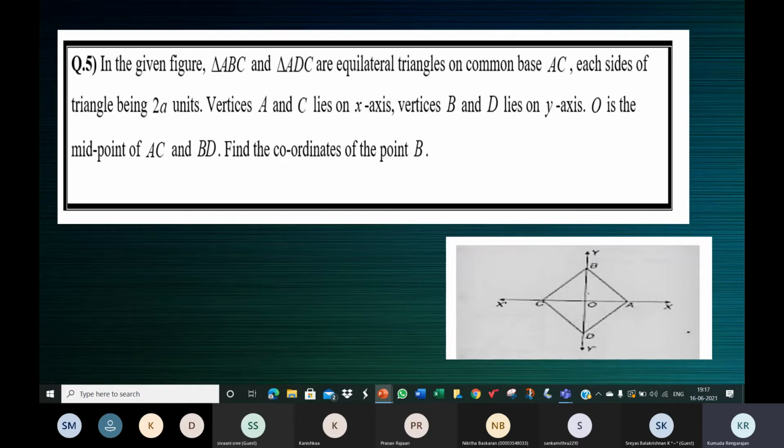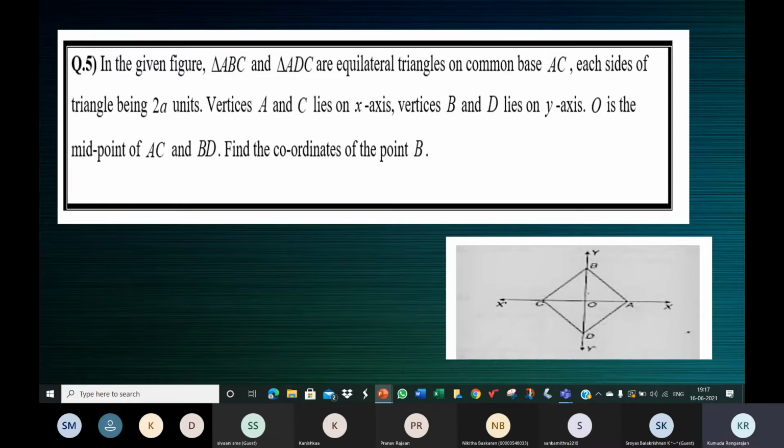Now can you guess the coordinates of the point B? So the coordinates of point B will be 0, comma, because it's on the y-axis, root 3a.